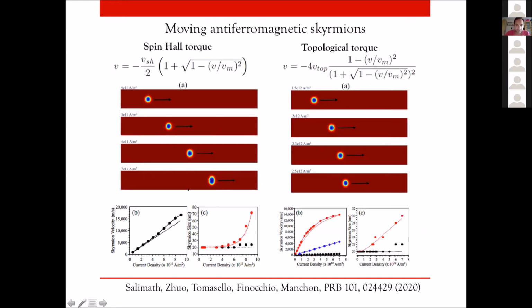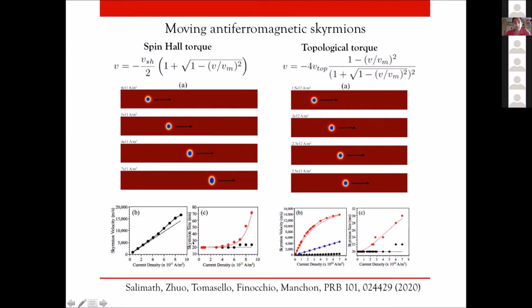So I'm just putting the main results here. On the left side, you have the spin Hall torque and the actual velocity that you can get. And what you can see, of course, is that the larger the current you send in the system, the larger the lateral expansion.